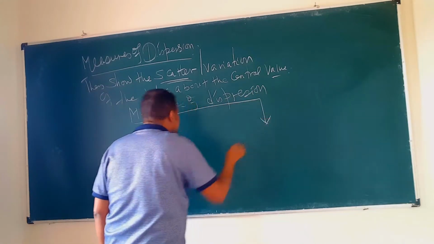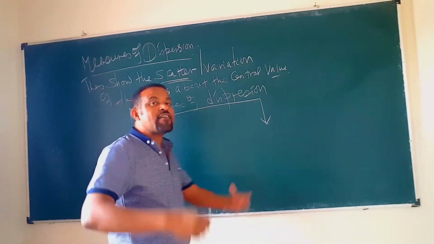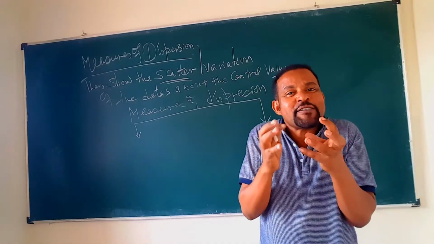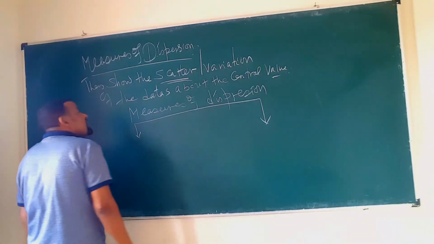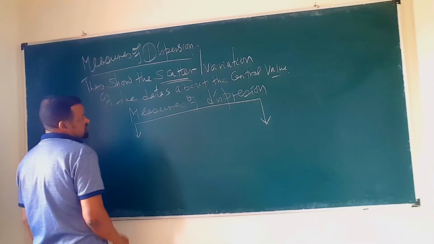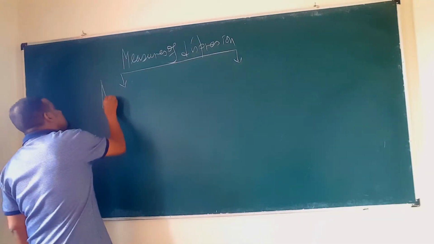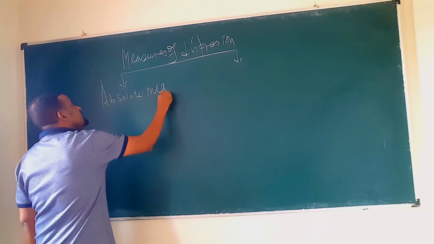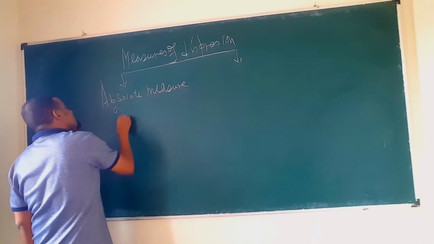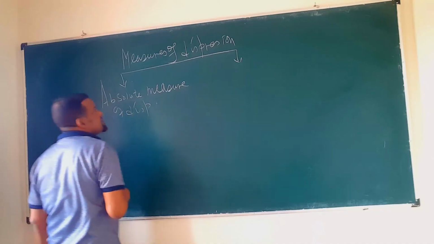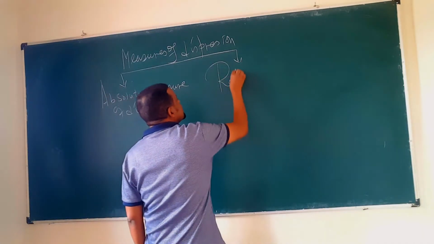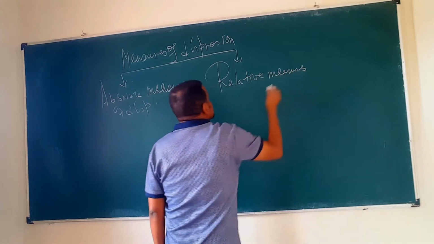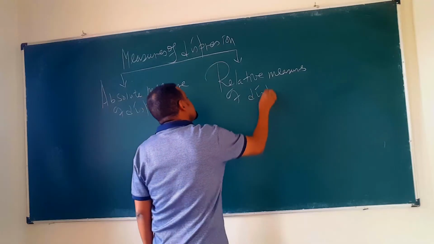Dispersion can be divided into two types. So there are two types of measures of dispersion. The first one is the absolute measure of dispersion, and the second is the relative measure of dispersion.